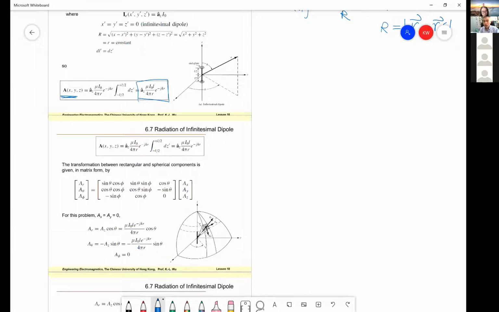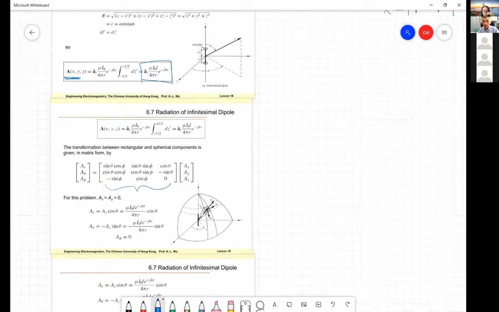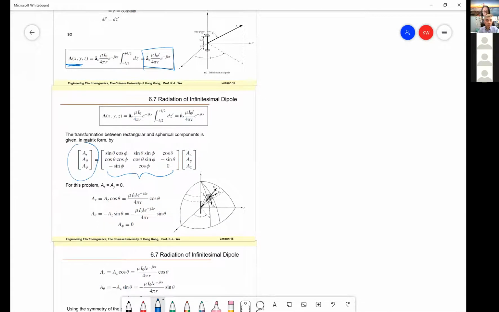Then I use the transformation to convert the solution in the Cartesian coordinate system into the spherical coordinate system. This is simple matrix manipulation. This transformation is given.